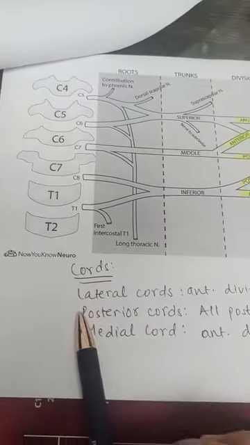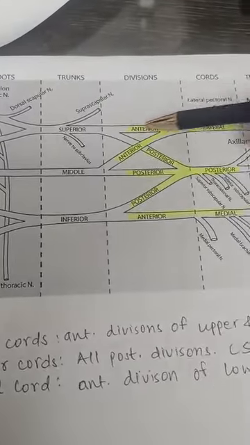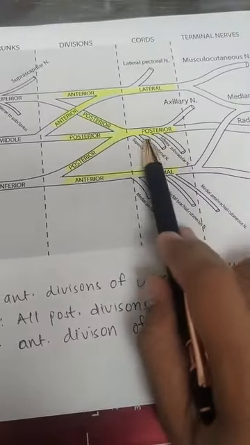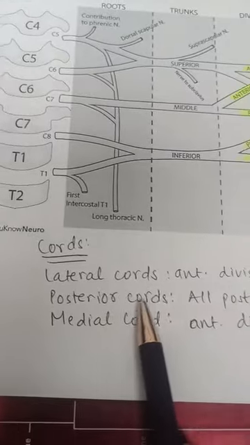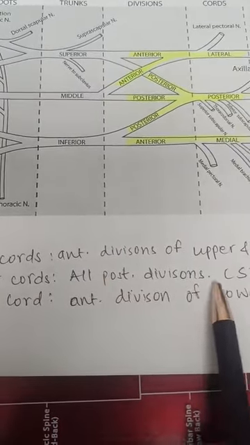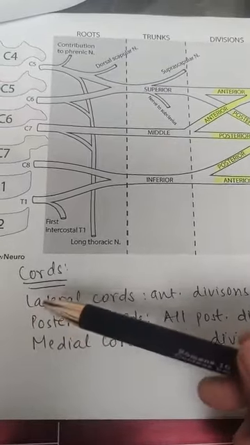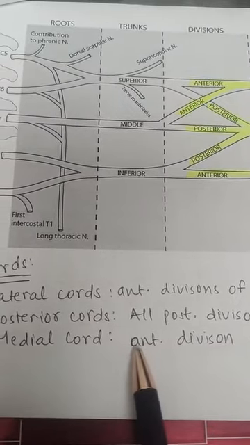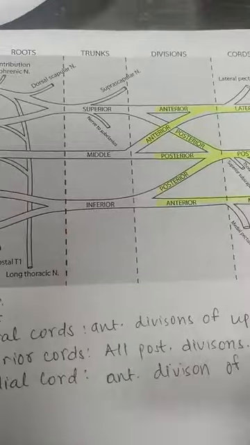Now we'll see how the cords are formed. There are three cords in total: lateral, posterior and medial. Divisions are anterior and posterior. All posterior divisions will combine and form the posterior cord, the simplest one. The medial cord is formed only by the anterior division of the lower trunk, with no other combination.